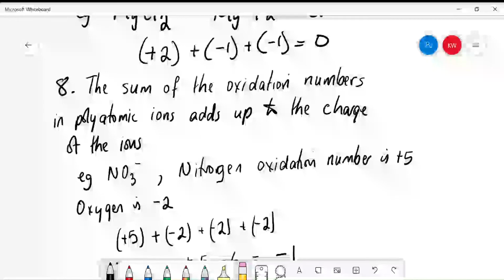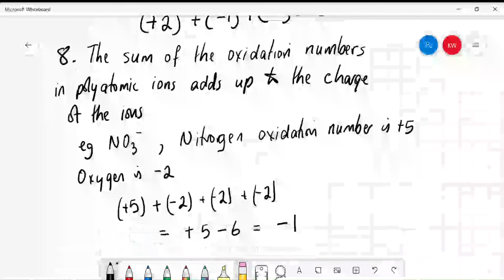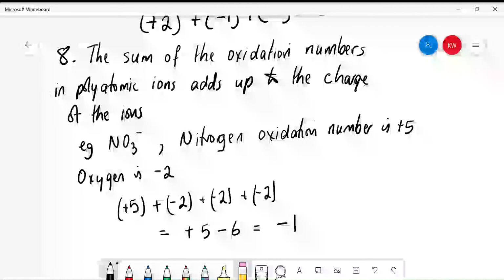So let's look at this example. From previous examples, we know that nitrogen is +5, and oxygen is -2. So +5, and we have 3 oxygens, so we're going to end up with -6. +5 and -6, we get -1, and that's what we end up with here.